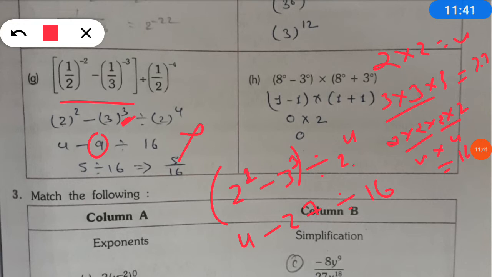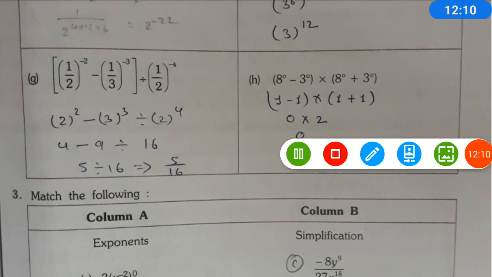Now you can divide it, 4 minus 27, how much will you get? 23, isn't it? Now divided by 16, so 23 divided by 16, no other answer will come. 23 and 16 will not come together in any of the tables, so the answer will be 23 upon 16.